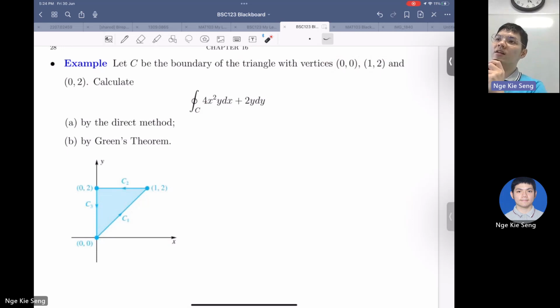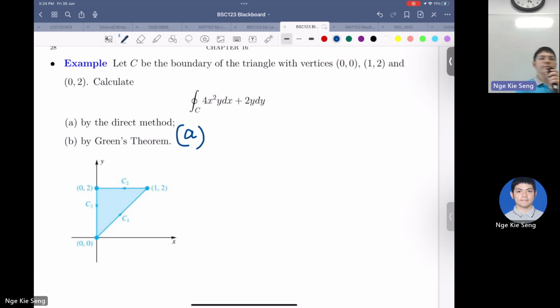If I put a circle on the line integral, it is closed, and positive oriented. Positive oriented, piecewise move, meaning we go from (0, 0) to (1, 2) to (0, 2), and then go back to (0, 0). So how do we find the line integral?